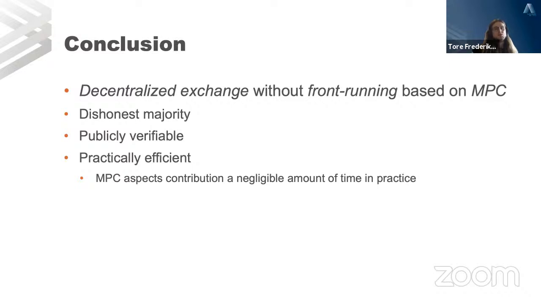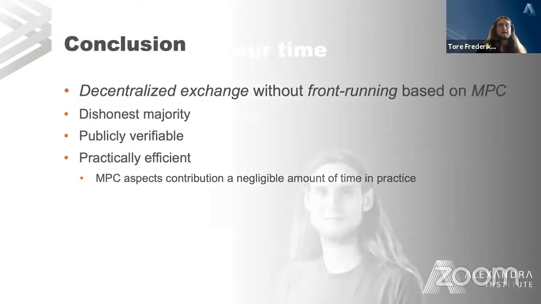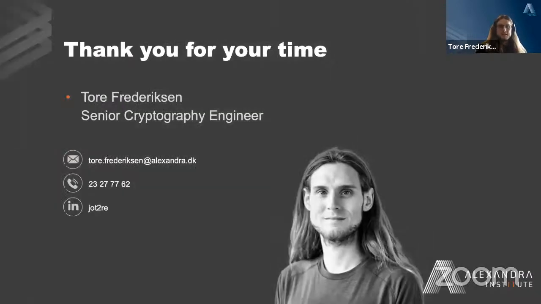So just to summarize, we get decentralized exchange without front running based on MPC. We get this in a dishonest majority setting with public verifiability. It's practically efficient. That's basically it. Thanks a lot for your time.